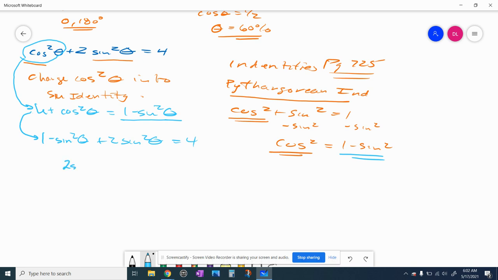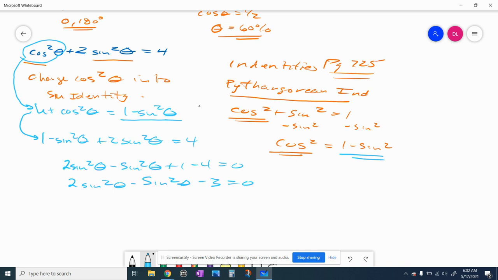Now we can clean all this up and rearrange things. We're going to get 2 sine squared theta minus sine squared theta plus 1 minus 4 equals 0. So 2 sine squared theta minus sine squared theta minus 3 equals 0.